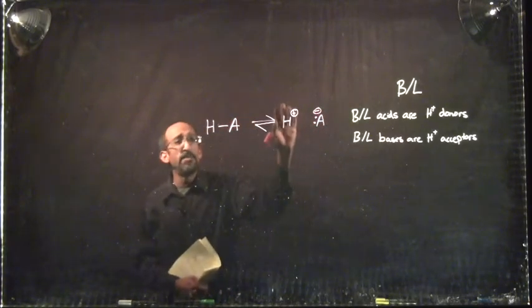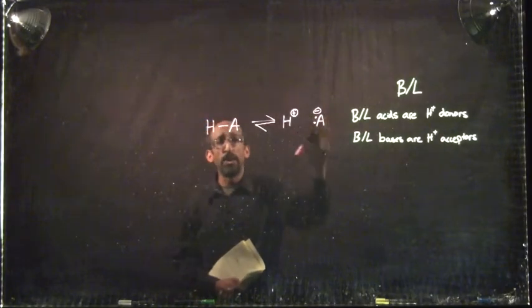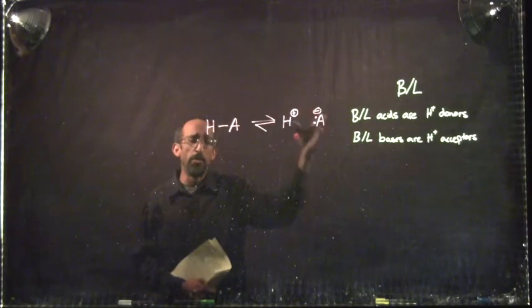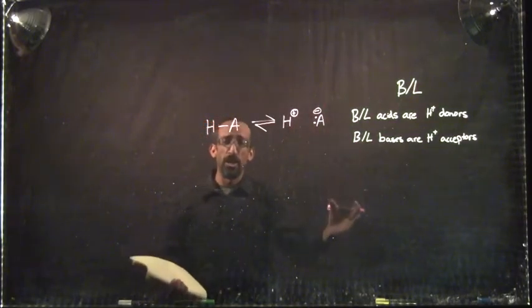Your acid may not always end up with a negative charge, but it will always gain a new lone pair of electrons when this dissociation occurs.